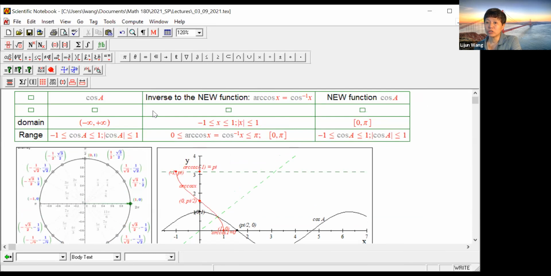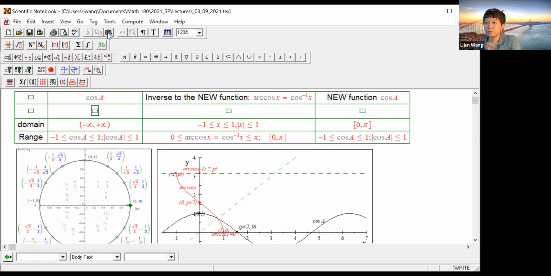A fundamental of what a function is: what kind of input it takes, what kind of output it gives. For cosine, you've seen this many times, the input are angles, the output, ratio. Arccosine is still a function.